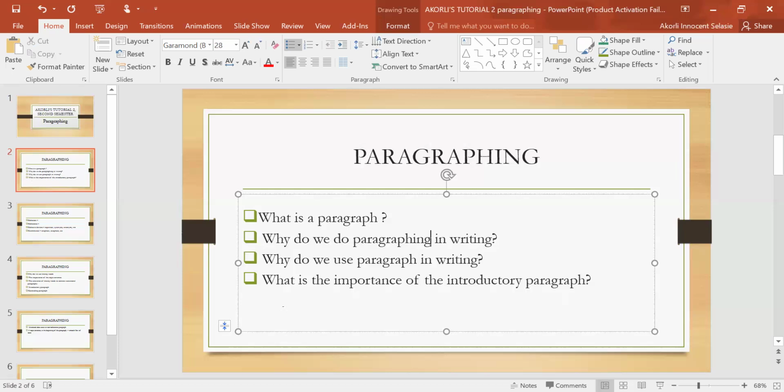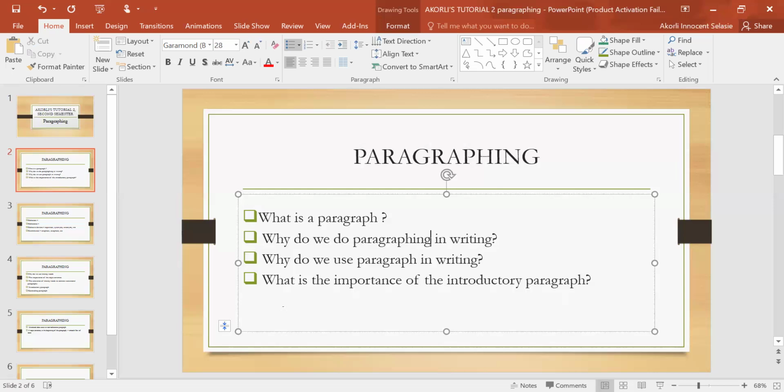Now, when we talk about the introductory paragraph, let's also quickly talk about the concluding paragraph. The concluding paragraph has so many functions, depending upon the type of essay you're writing, as we mentioned. You can use it to give a recommendation.